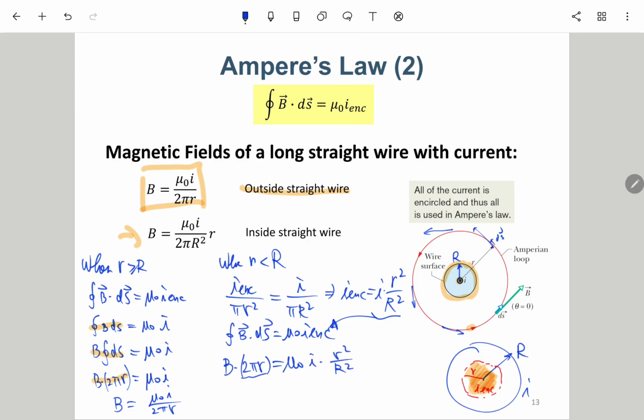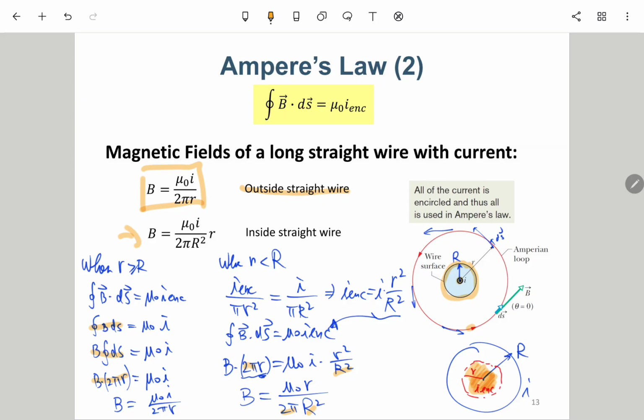Moving this part to the right side, we have B equals mu 0, and r and r square can be partly cancelled to leave r in the numerator, and 2 pi capital R square in the denominator.